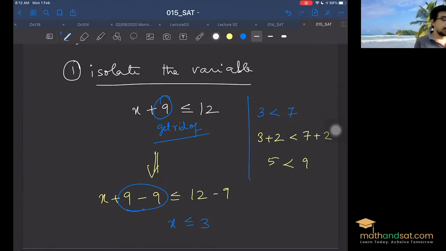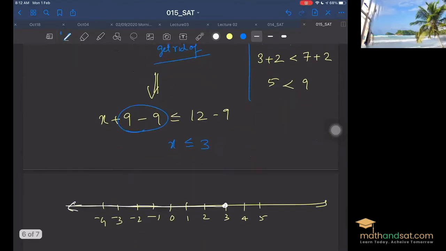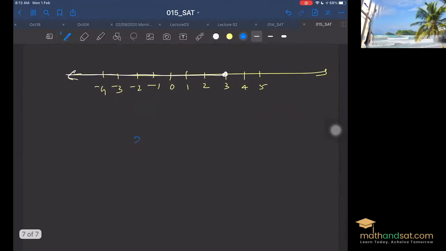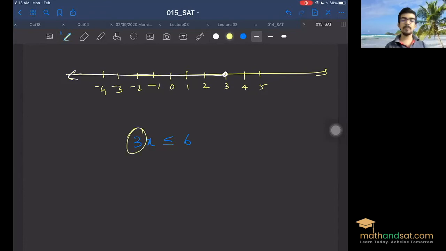So let's see another example. We have 3x less than or equal to 6. In this case, listen carefully. Is the variable isolated? No. x is being multiplied by 3. So we have to get rid of this 3. To get rid of this 3, you have to divide by 3 on both sides.